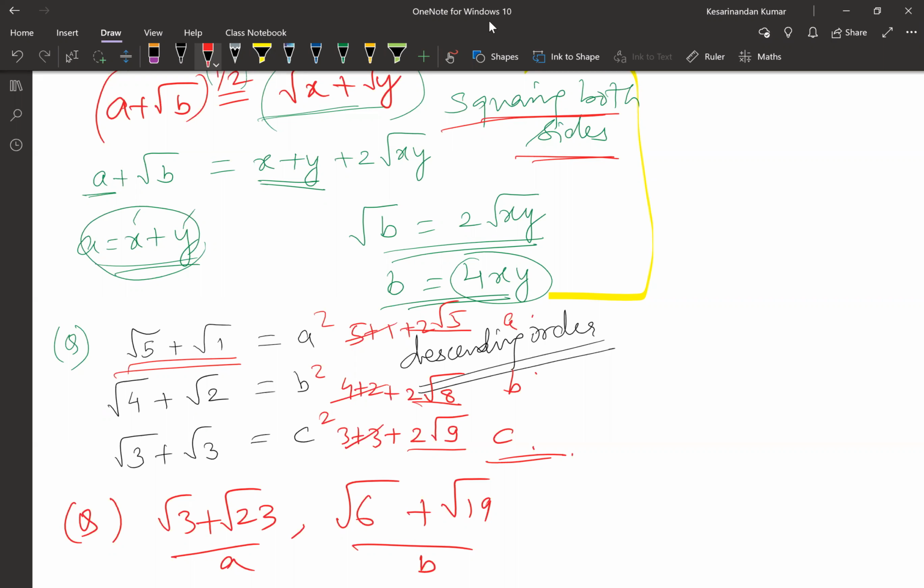Yes, Uttam, correct. Uttam, no, your answer is not correct. Manideep, your answer is correct. No, Aswik.